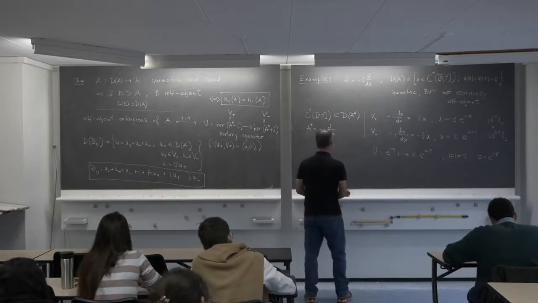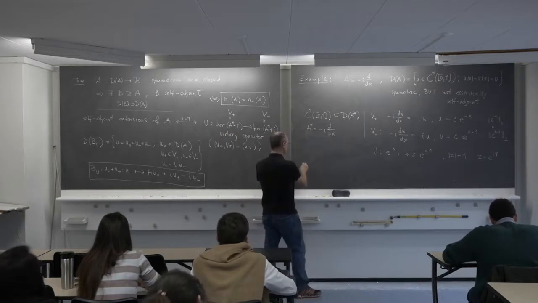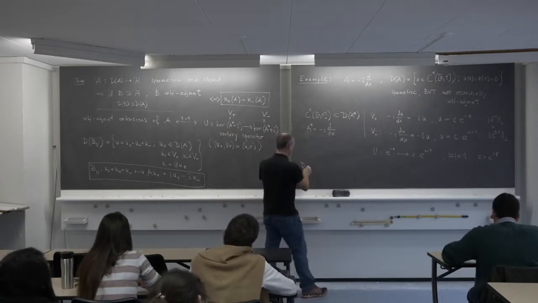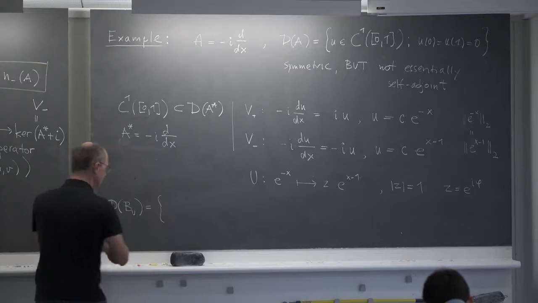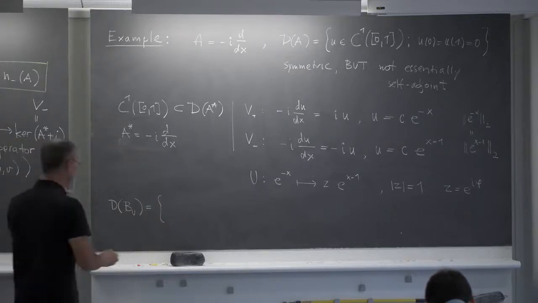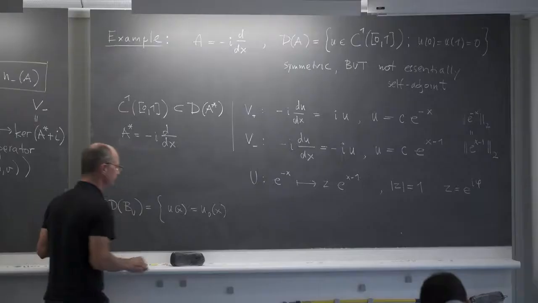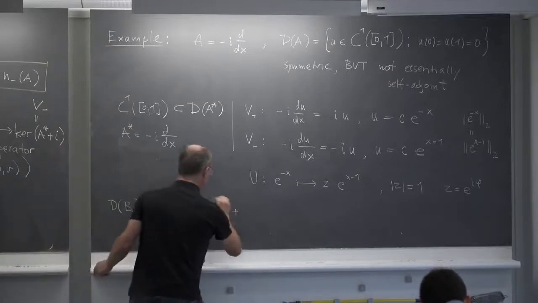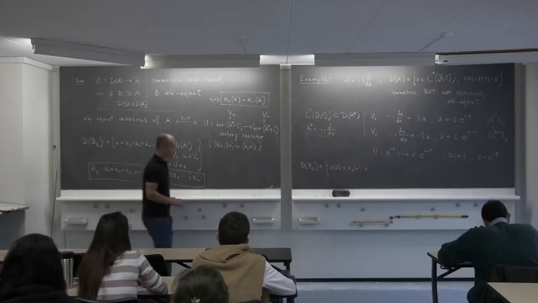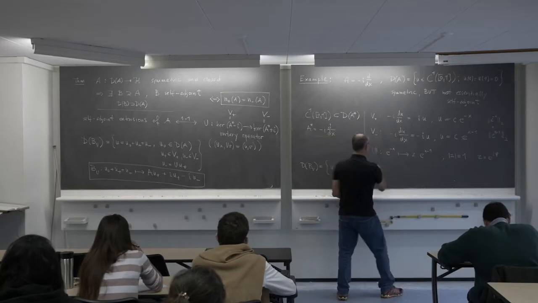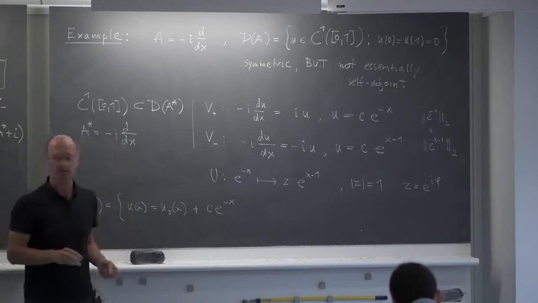Okay, very well. Now let's try to implement it in practice. So now we have the domain of B u. What will it be? Well, u of x will be equal to u naught of x plus an arbitrary vector in V plus, which is c times exponential minus x, right?